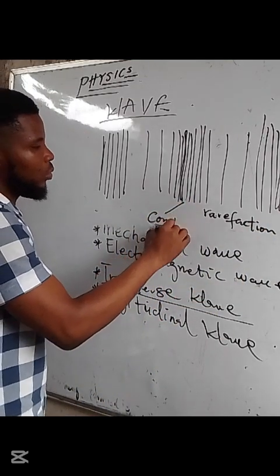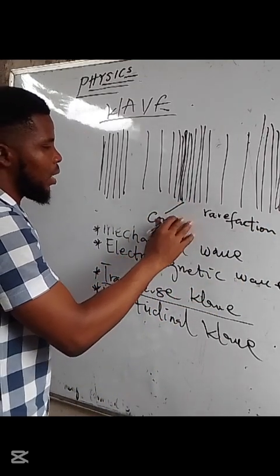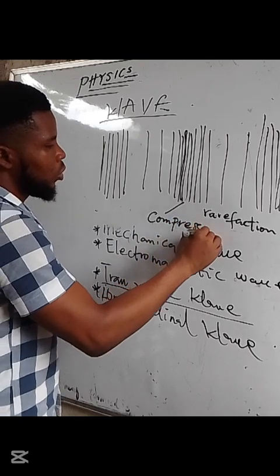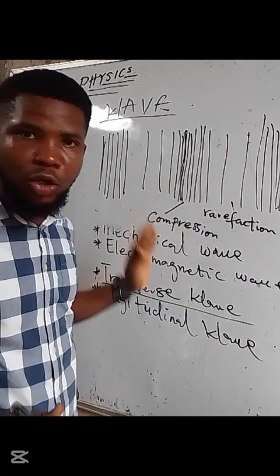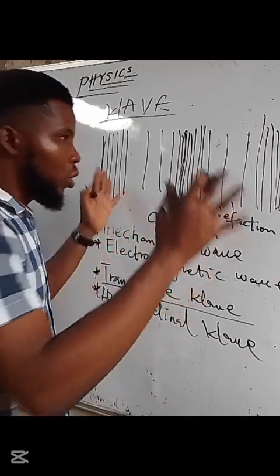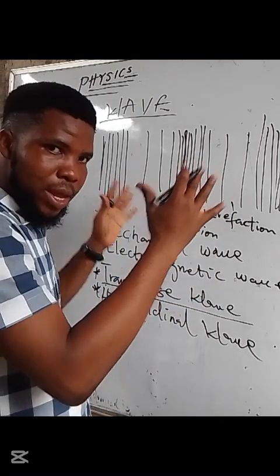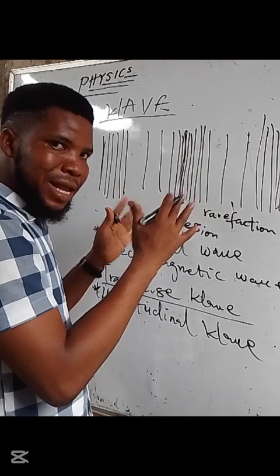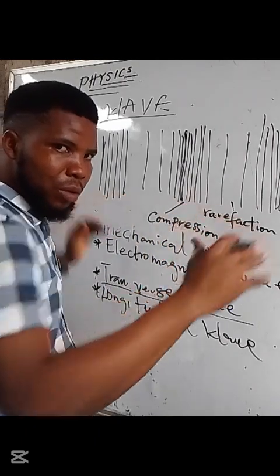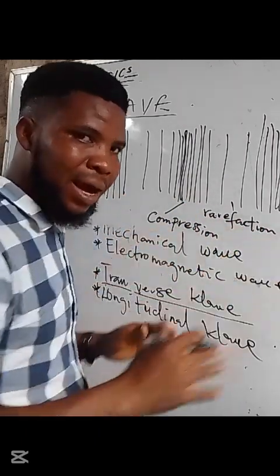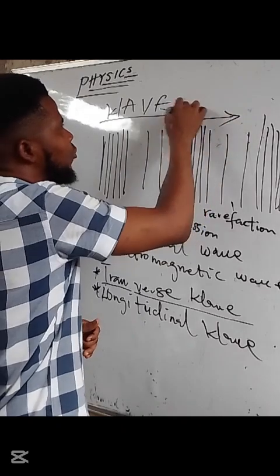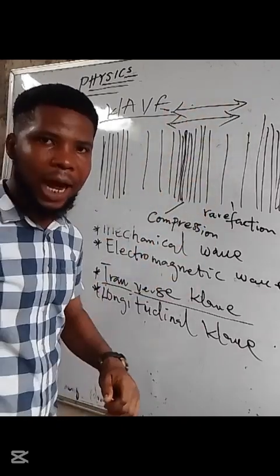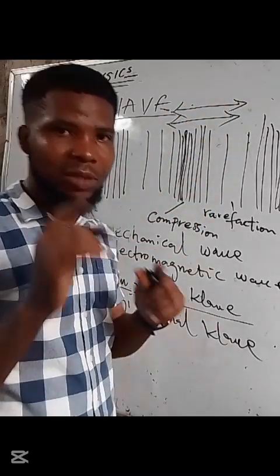So there is a rarefaction and a compression of the air column. You can see the vibration is this way and the travel is also that way. So they are parallel to each other. The wave vibrates this way and the wave motion is also that way. That is for sound wave.